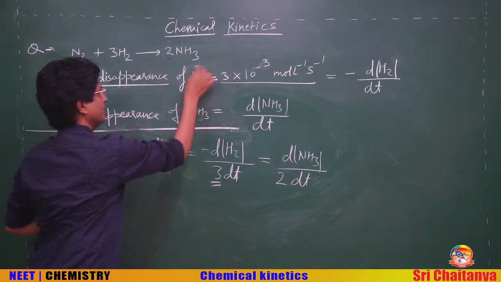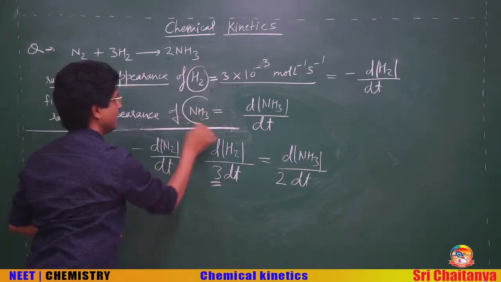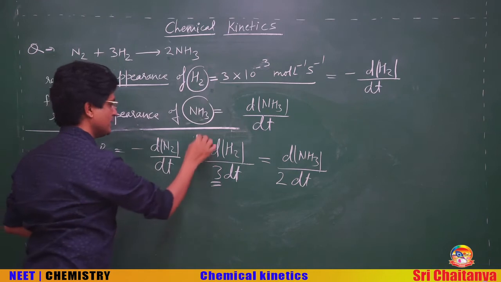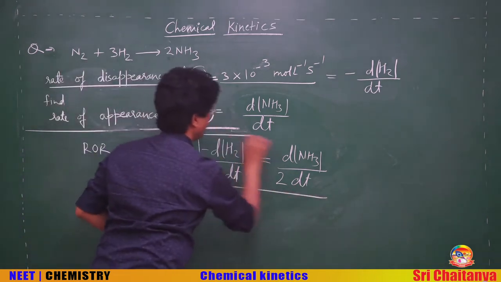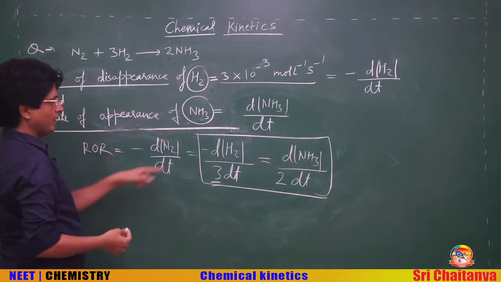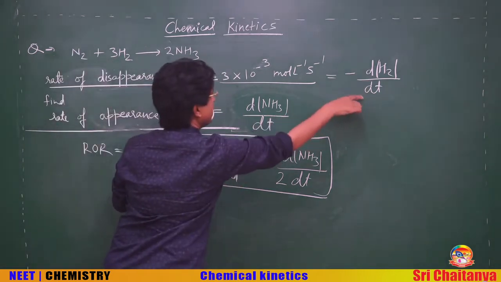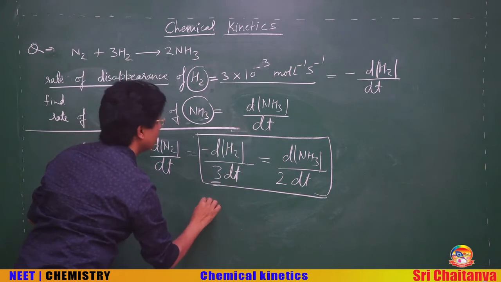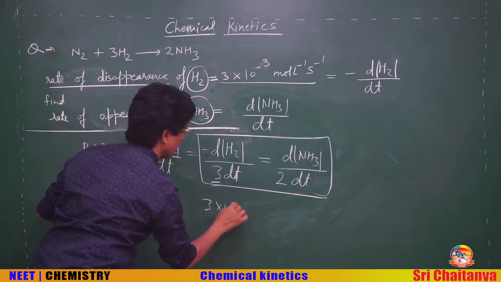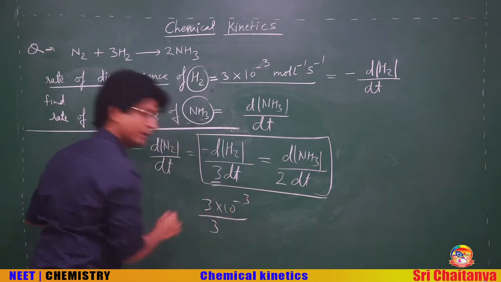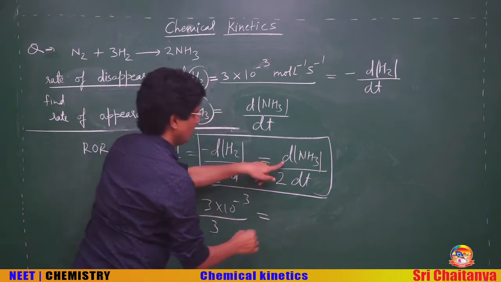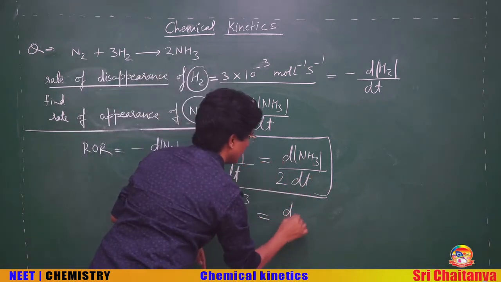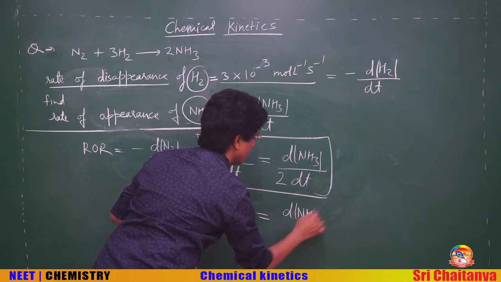Since they have given this data and they are asking the data of ammonia, I should be concerning myself with this part only. Now this minus of d[H2] by dt is given, so this section is given. So put the value there, that will be 3 into 10 to the power of minus 3 upon 3, which should be equal to what they are asking, the rate of appearance of ammonia.